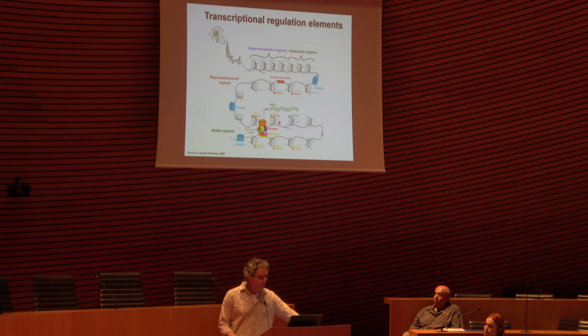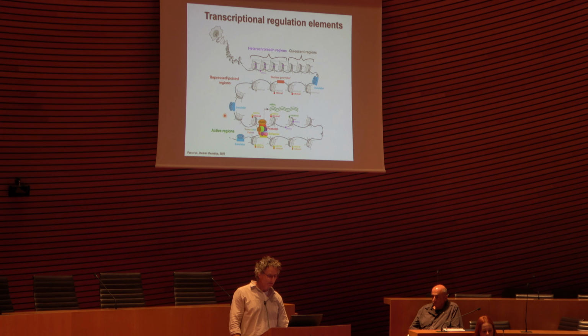It requires a couple of elements, okay? One is that the chromatin will be open, and for the chromatin to be open, the histones that build the chromatin need certain modifications that help to remove the nucleosome, so the transcription factor can bind to it.